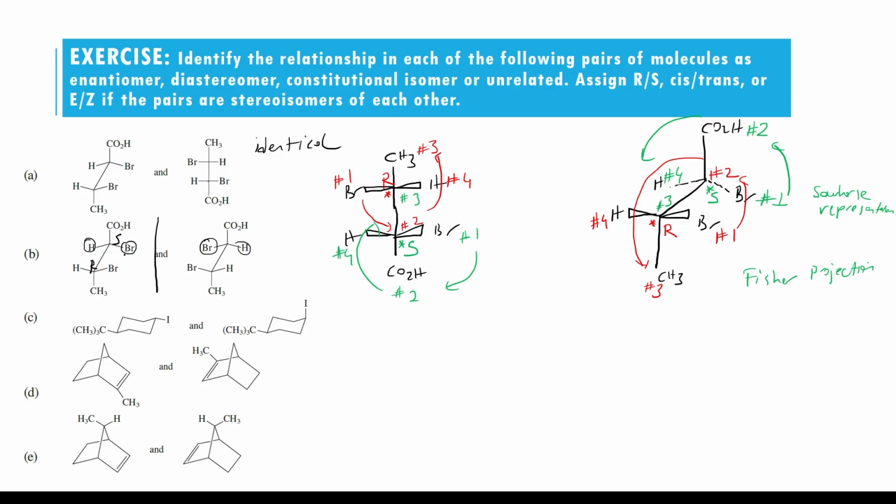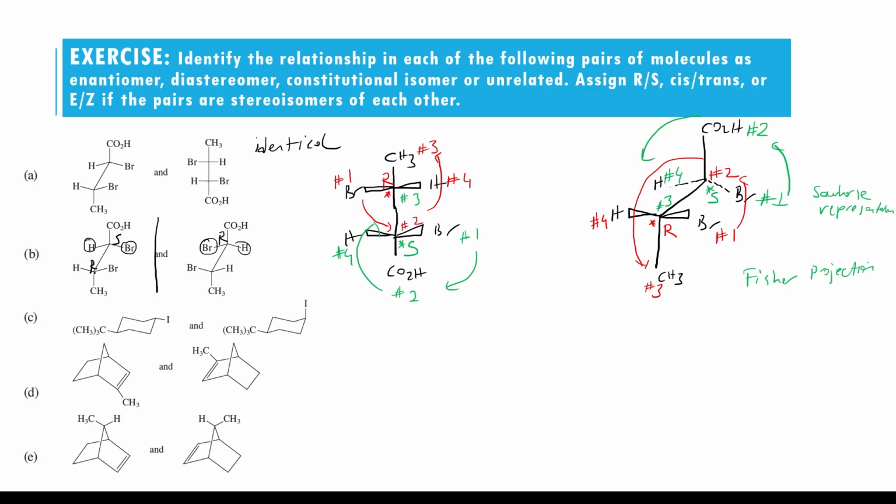Meaning that if you switch the locations of two substituents on a chiral carbon and keep the other two substituents stationary, you end up with an inversion, the enantiomeric configuration of that carbon. So if this is S, this should be R.